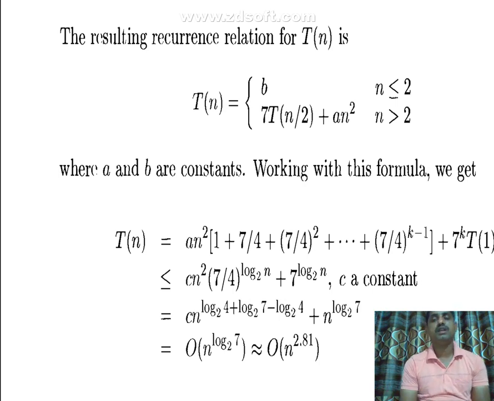But in normal multiplication we get big O of n cube, but here we get big O of n power 2.81. So automatically using Strassen's the complexity is reduced. In normal multiplication we use 8 multiplications and 4 additions.